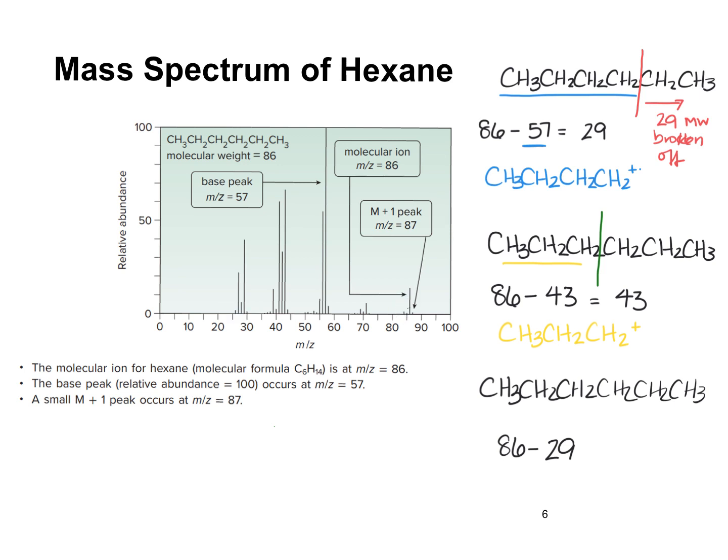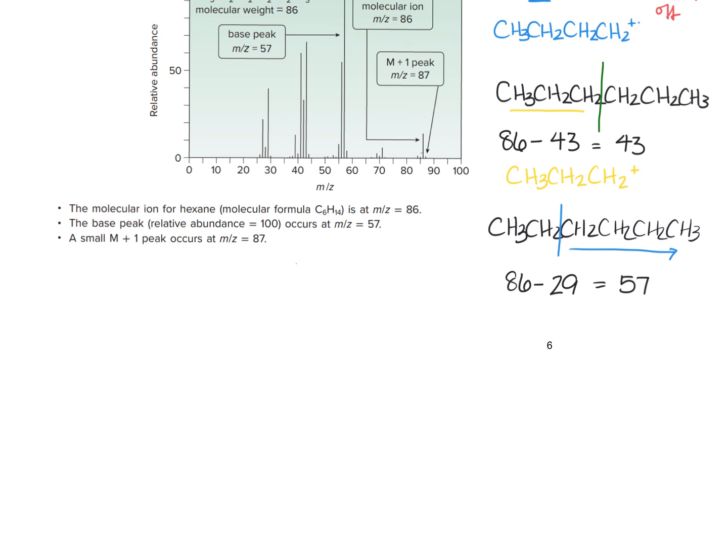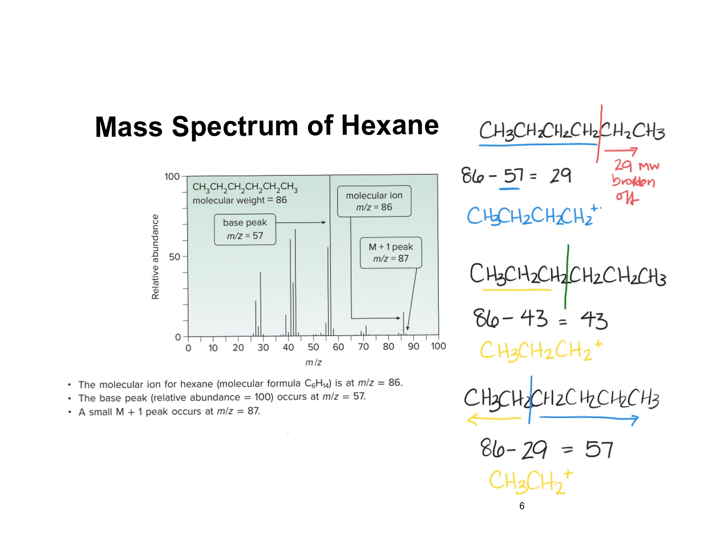What we're showing here is that this is the part that's broken off, and so that equals 57, which is the mass there. And then 29 is what we have left, and so we are then detecting this part here. And when we detect that part, we are seeing CH3, CH2, that cation. So we can get information of fragmentation patterns from mass spec as well.